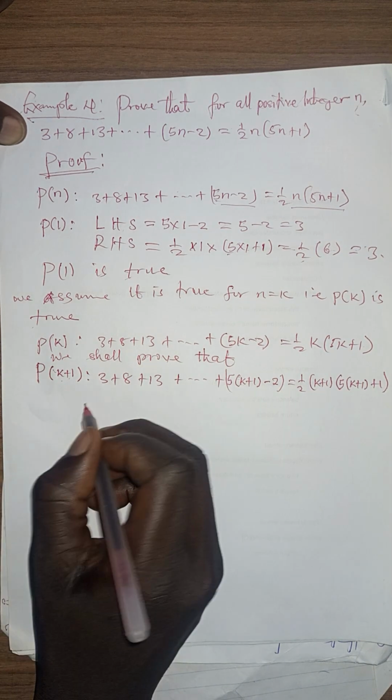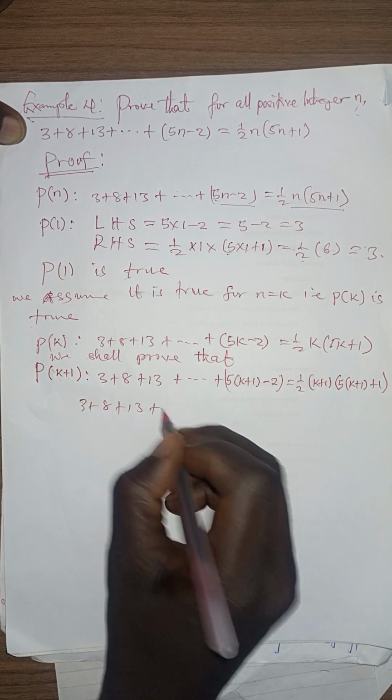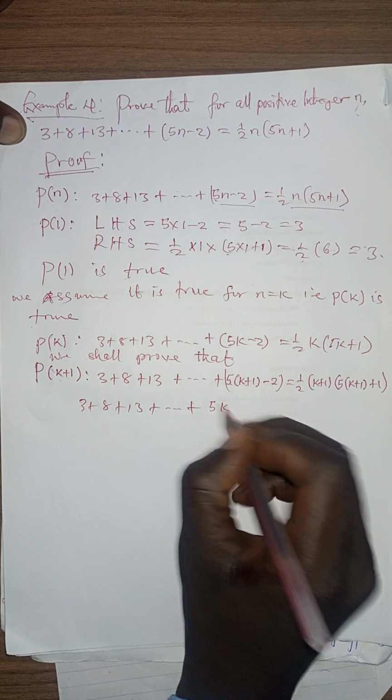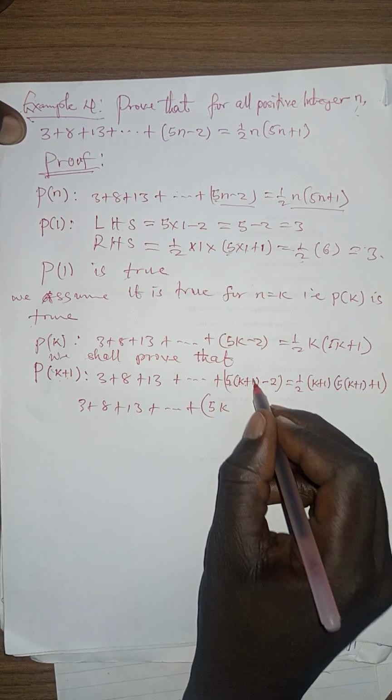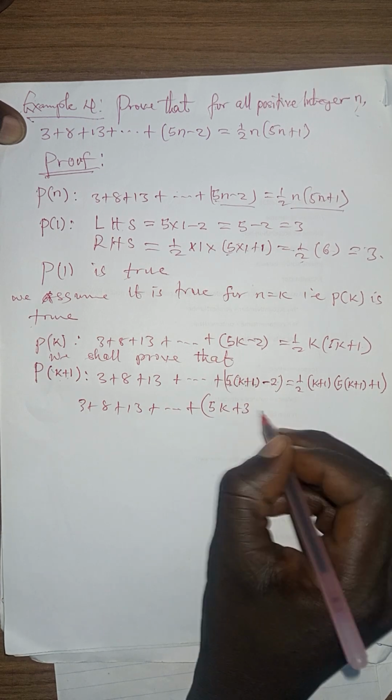And what is this? This is 3 plus 8 plus 13 plus up to plus 5 times k, we have 5k, and then 5 times 1, we have 5. So 5 minus 2 is 3, so we have plus 3.